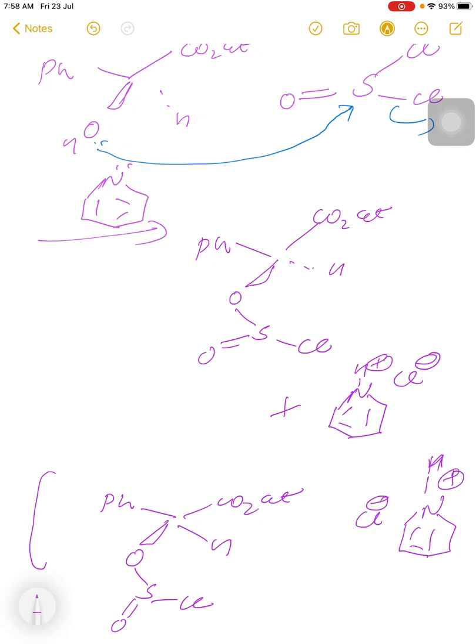This is the pyridinium hydrochloride, and here the chloride ion attacks from the back side, leading to the leaving of SO2 and Cl minus.